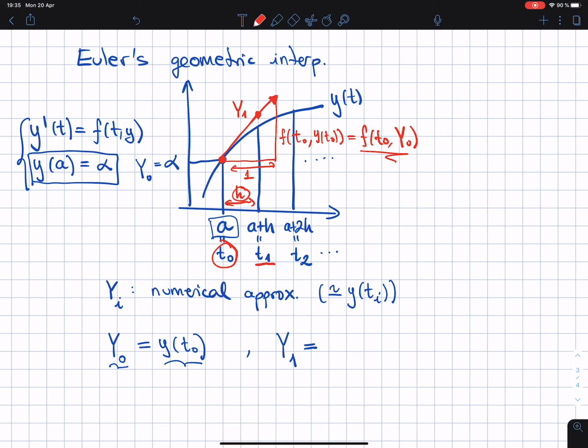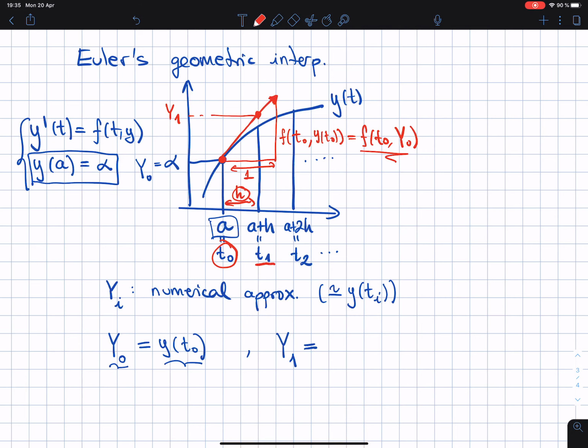This is going to be the value that we will use as approximation of the exact solution.